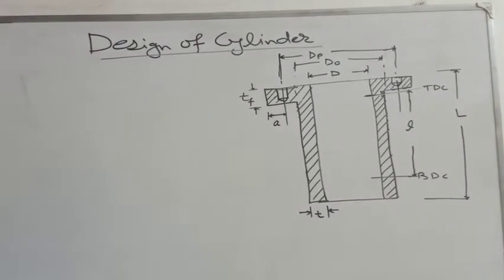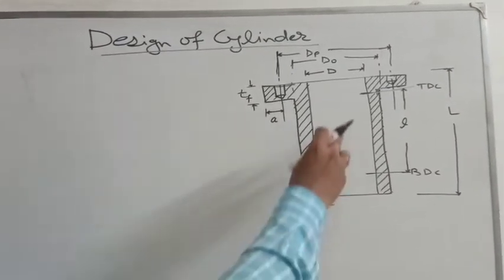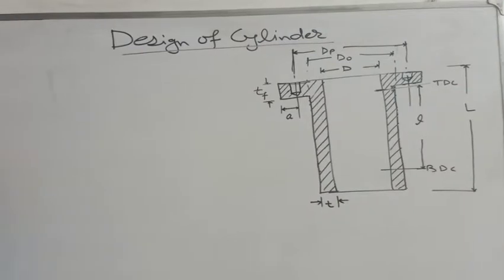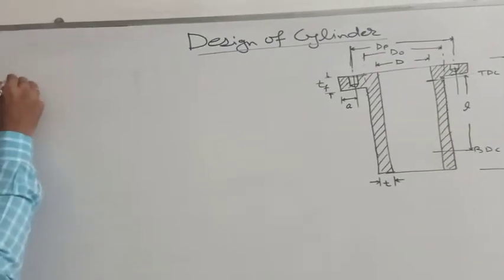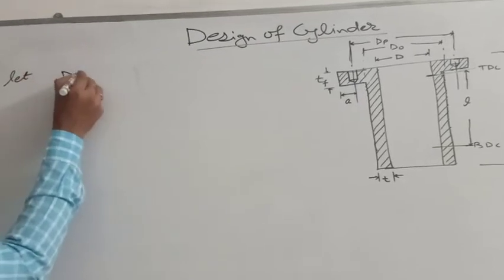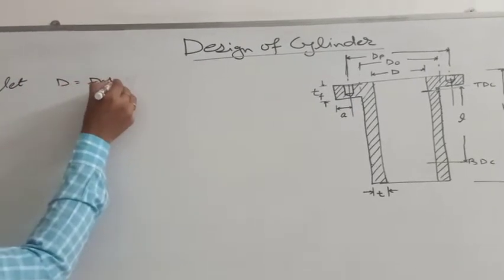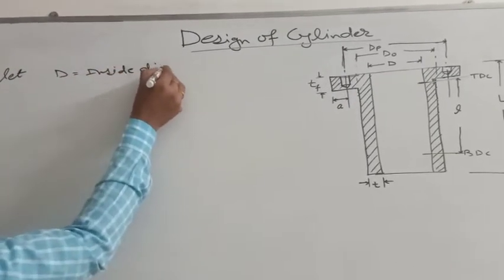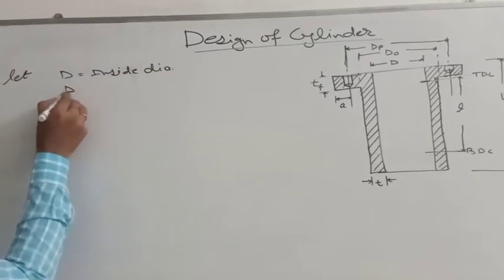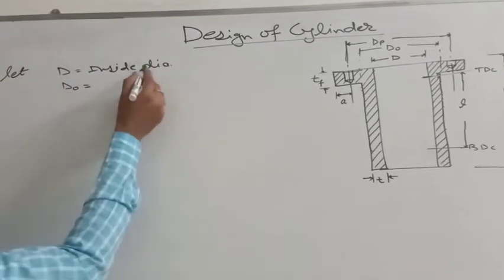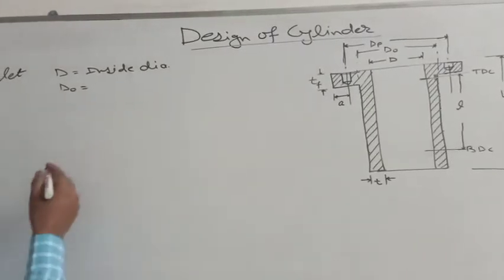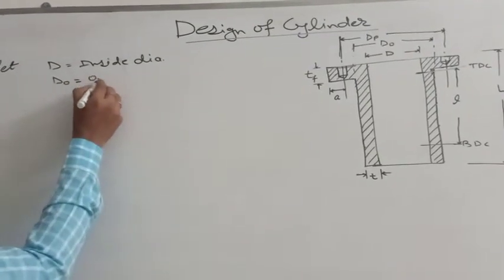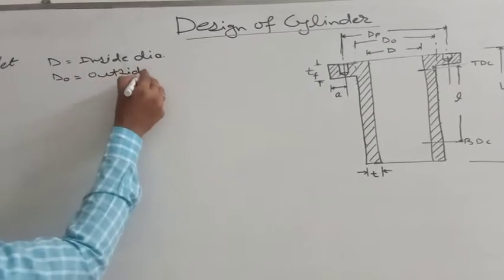Now for designing purposes, let us assume the various values. D is the inside diameter of the cylinder, or diameter of piston, or bore diameter of the cylinder. This is the outside diameter.